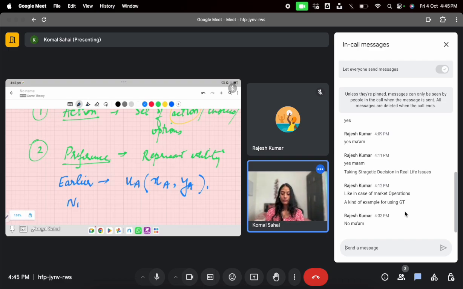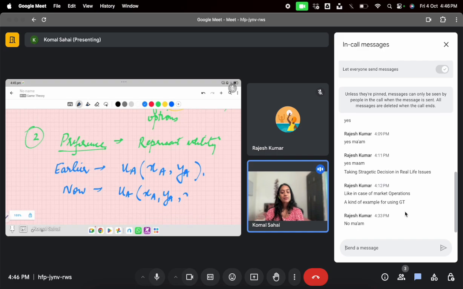But now with game theory, utility of individual A is allowed to depend, may or may not, right, but it will depend on what my bundle is of individual A as well as what is the bundle of individual B, which may be the other player, और जितने भी player हैं, ठीक है ना. इसका मतलब ये है कि now we are allowing for individual utility to depend on what are the actions and outcomes of other individuals, right.